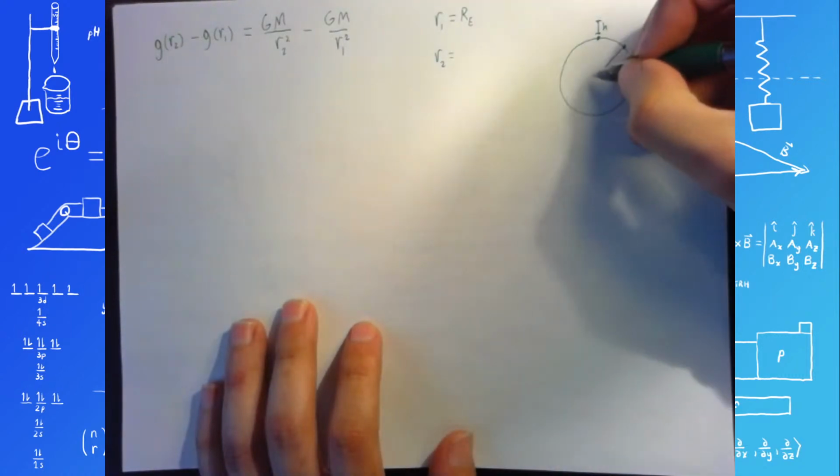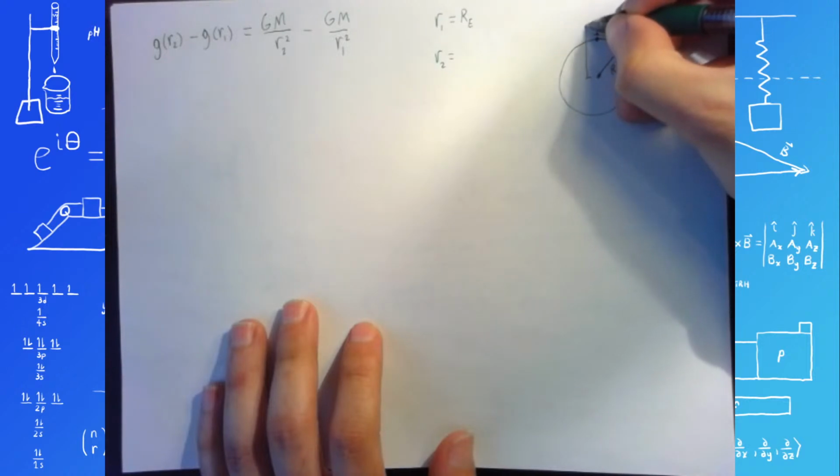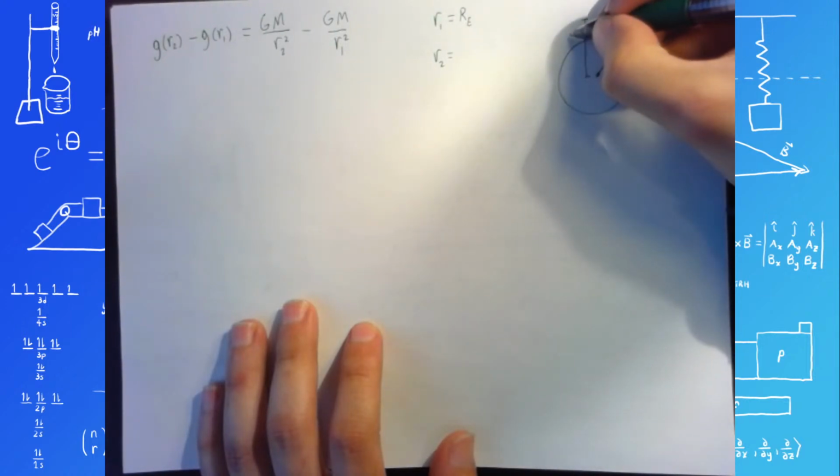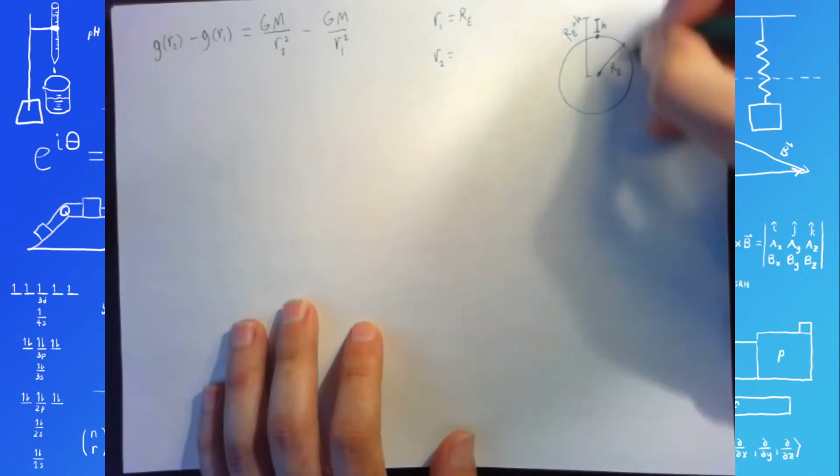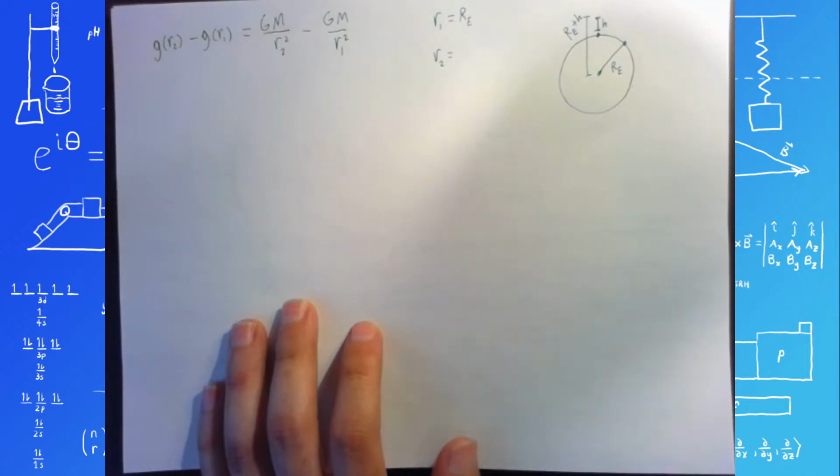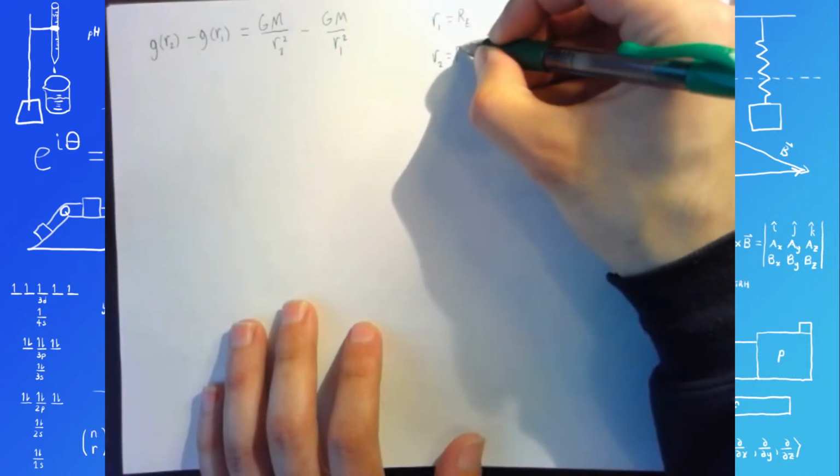Well, then that is going to be a total distance of r e plus h, a total distance of radius Earth plus h away from the center of the Earth. So that's going to be my R2.